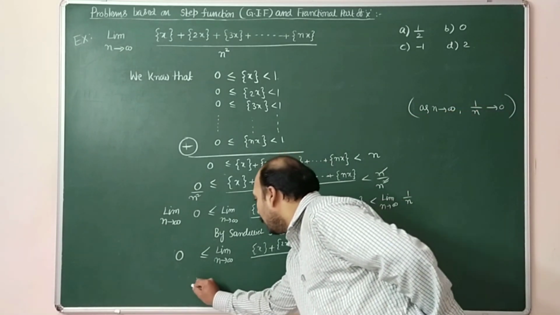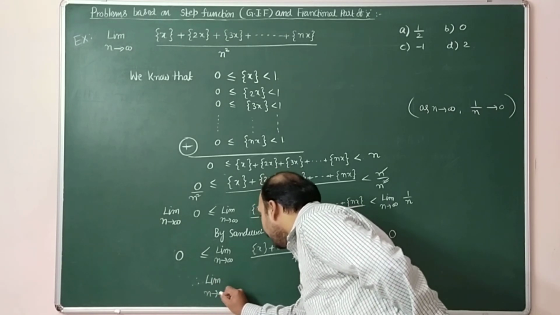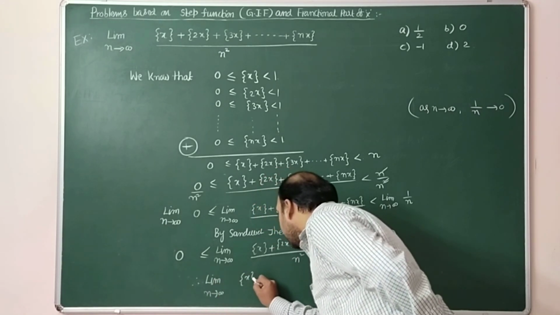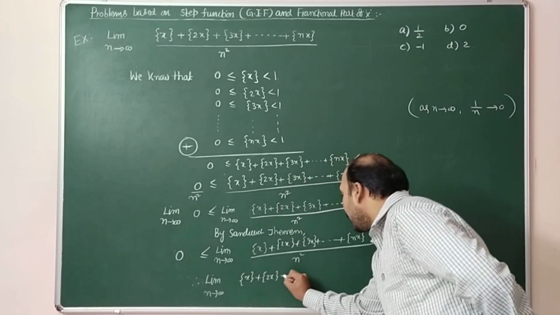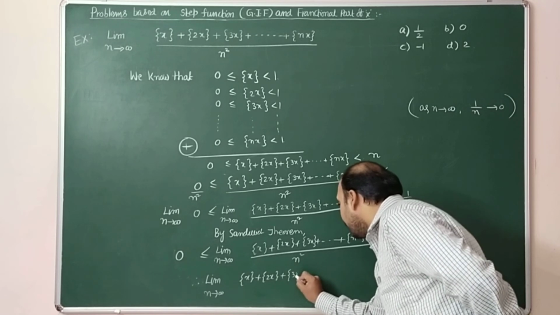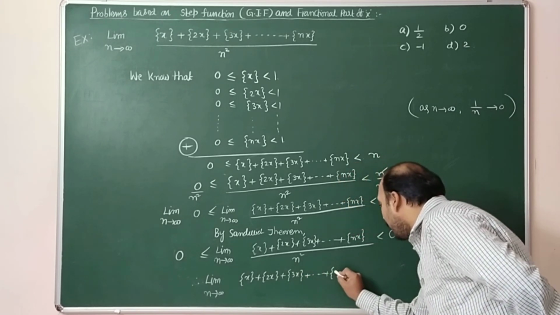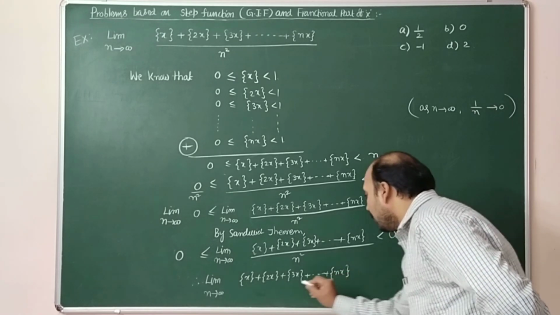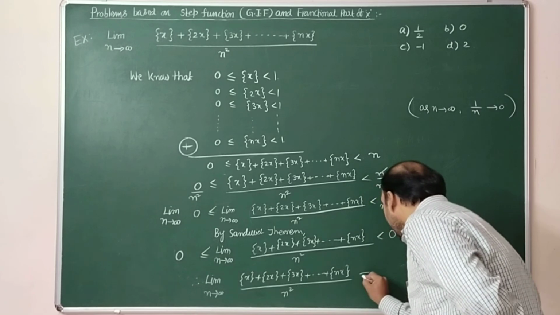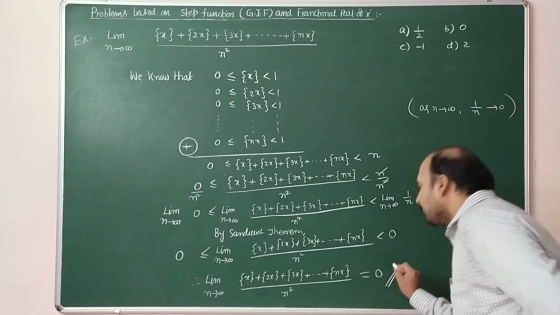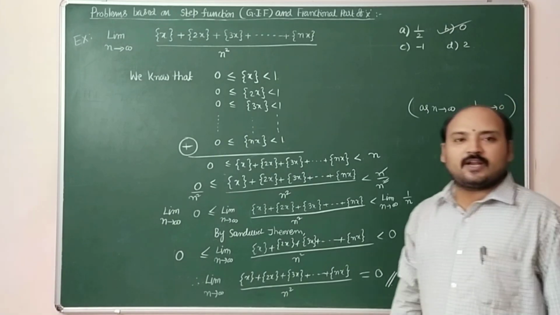So therefore, we conclude limit n tends to infinity, fractional part of x plus fractional part of 2x plus fractional part of 3x plus and so on, fractional part of nx divided by n square is equal to 0. So the second option is the right option.